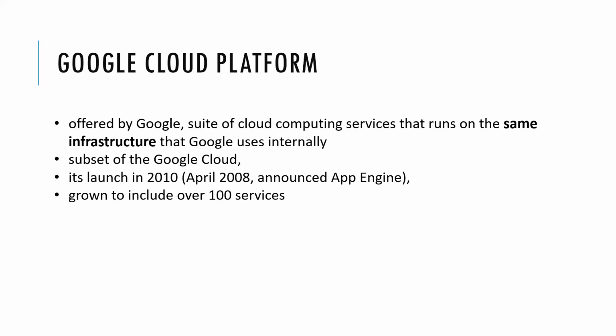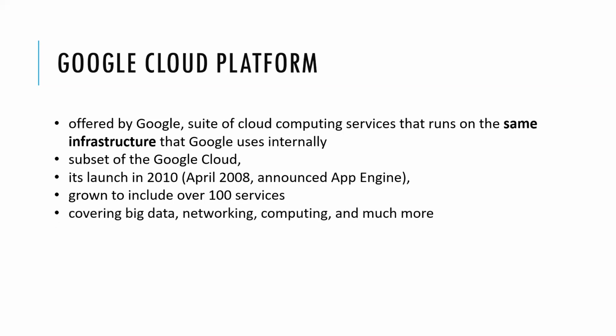So the services span around the buckets which I have just explained. Taking an example: networking, AI, database, and many other buckets. So it covers mostly big data, networking, computing, and many more. It is available across 37 regions at the moment with 112 zones.